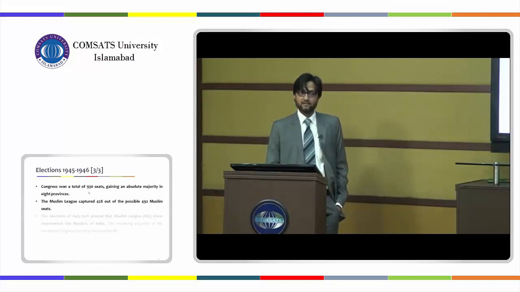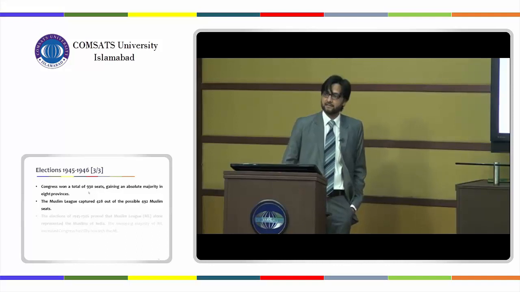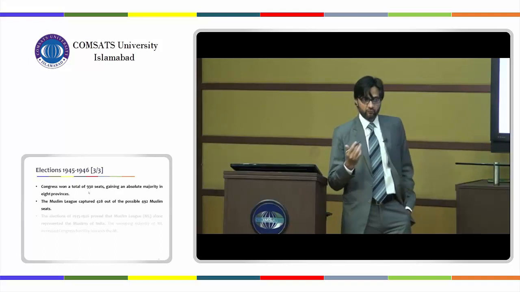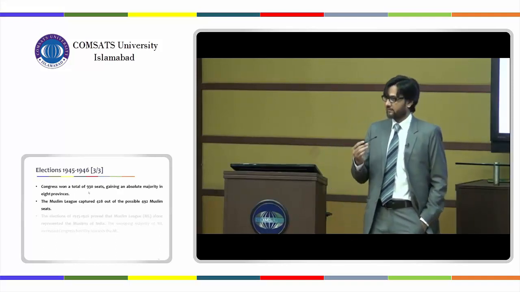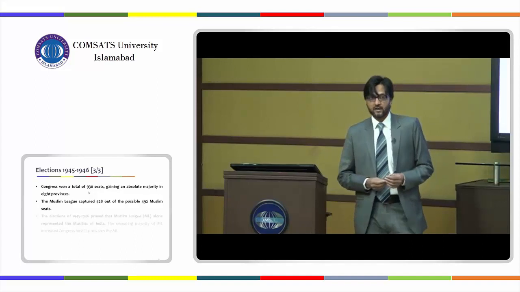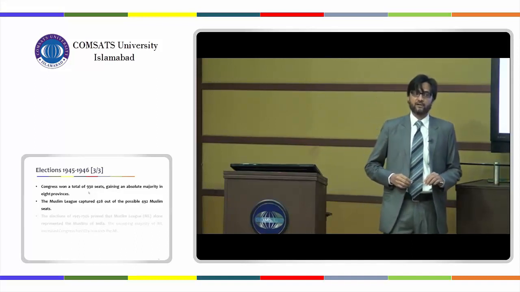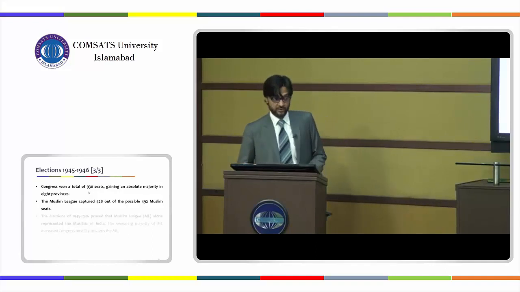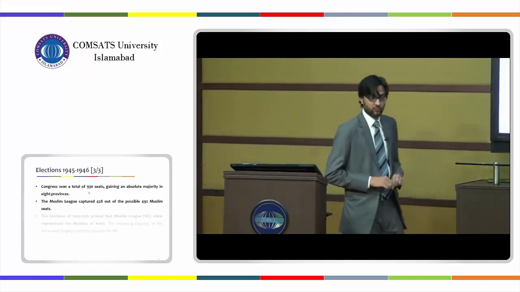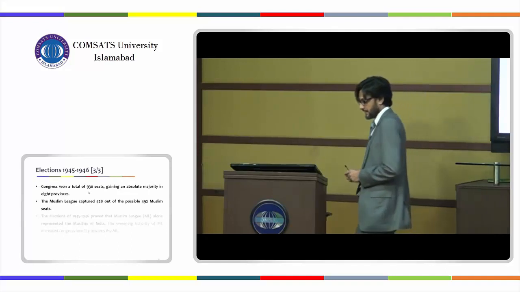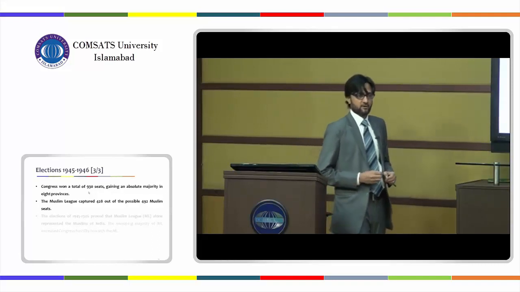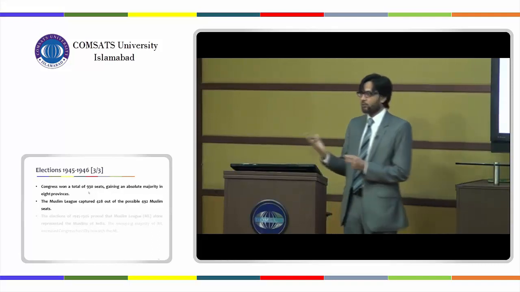If you compare this result with the result of the 1936-37 election, and in the meantime recall the Congress rule and the atrocities committed against the Muslims in the Congress majority provinces, and then recall the Cripps mission, and I have already told you that during the Congress rule they had presented some reports like the Pirpur Sharif and Fazl Haq reports, the Muslims were evolving and heading towards the support of the Muslim League.